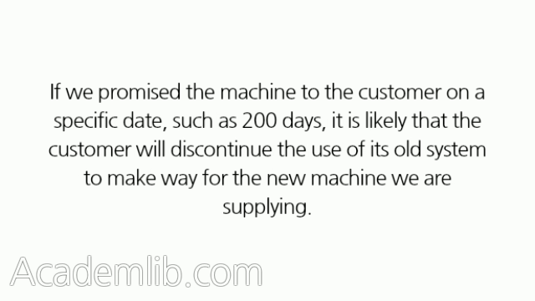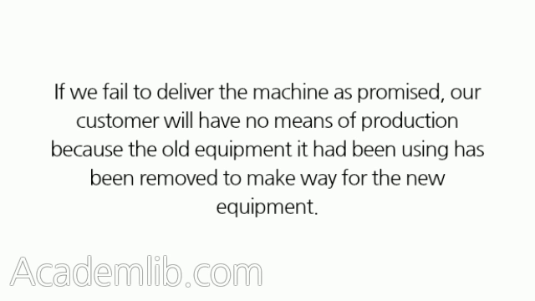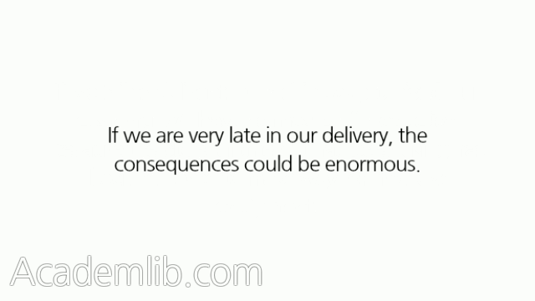If we promised the machine to the customer on a specific date, such as 200 days, it is likely that the customer will discontinue the use of its old system to make way for the new machine we are supplying. If we fail to deliver the machine as promised, our customer will have no means of production because the old equipment it had been using has been removed to make way for the new equipment. If we are very late in our delivery, the consequences could be enormous.